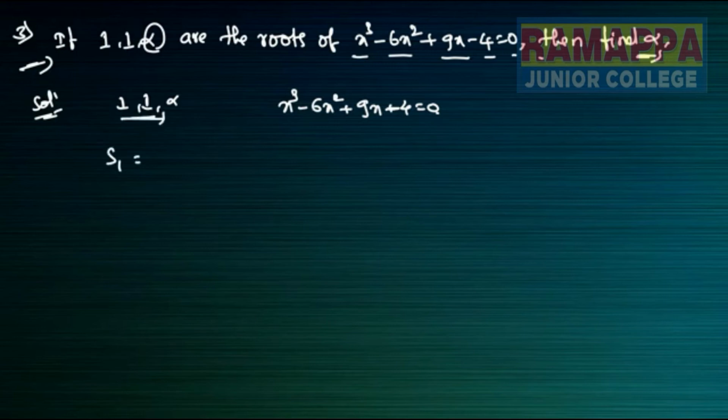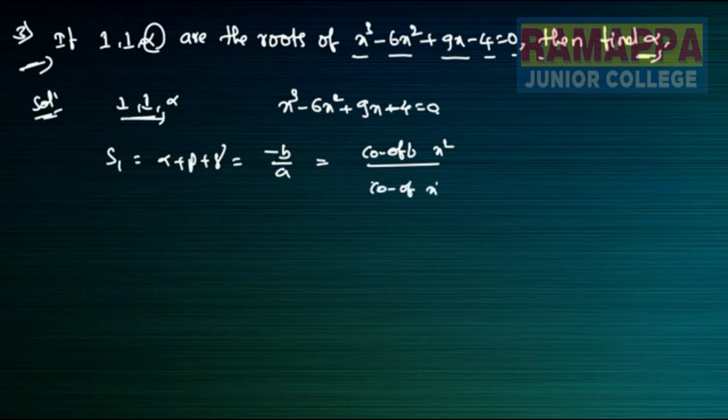So S1, which is alpha plus beta plus gamma, is equal to minus b by a. This is the coefficient of x square divided by the coefficient of x cube, with a minus sign.